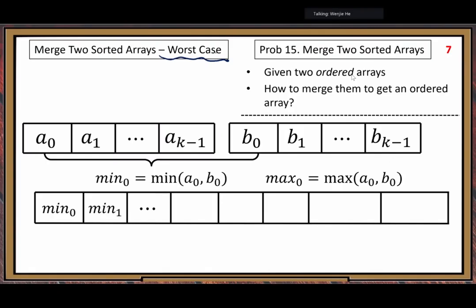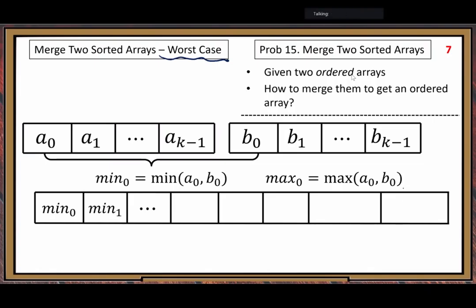Every comparison, we put one element in place. How many elements do we need to put in place?